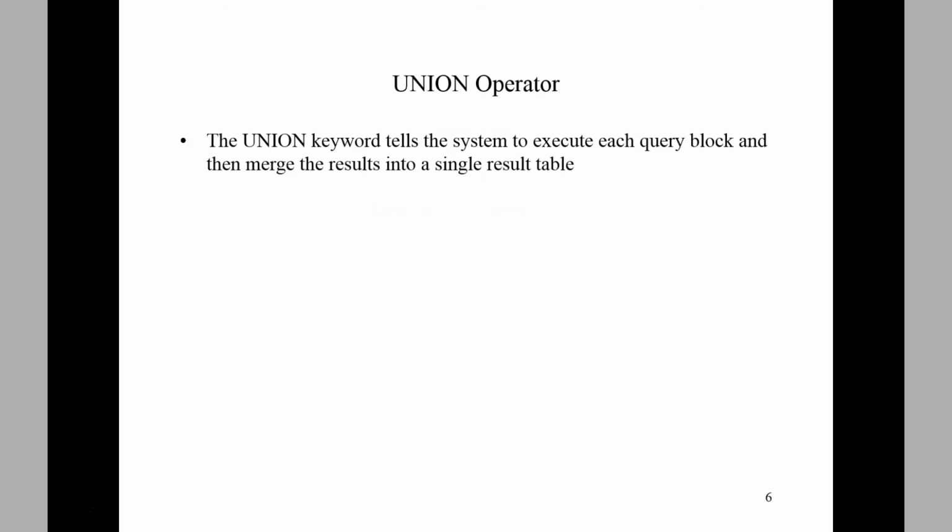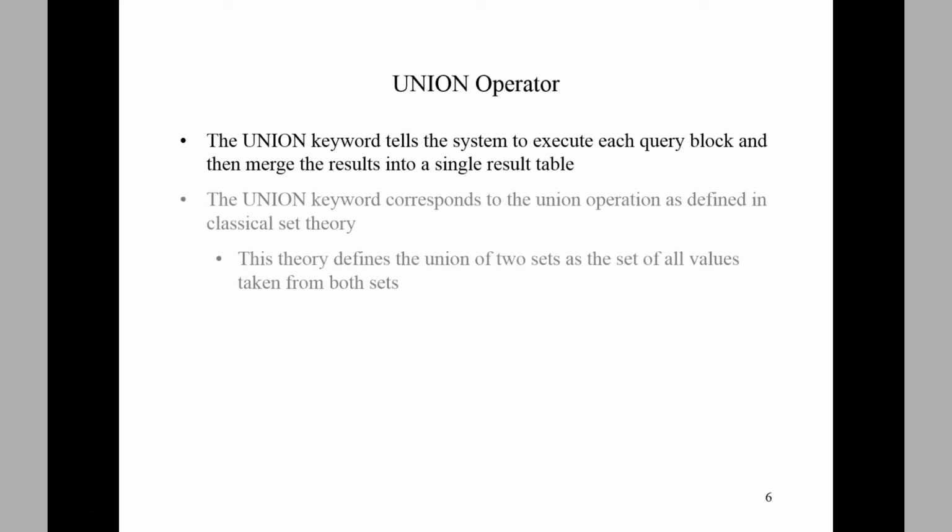So let's examine the union operator as implemented in SQL. As suggested earlier, union is going to combine the results of two query blocks and merge these results into a single result table. The union keyword is recognized in SQL. It represents the union operation.